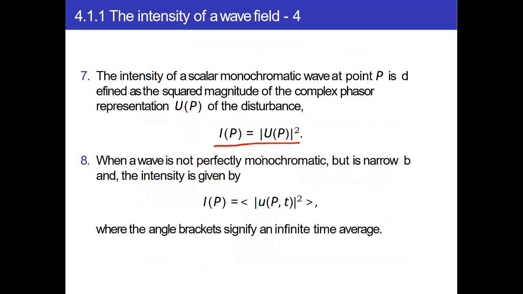When a wave is not perfectly monochromatic but is narrow band, the intensity is given by this one. Here we are going to assume that U(P,t) is monochromatic.